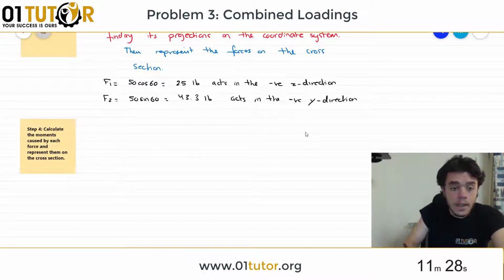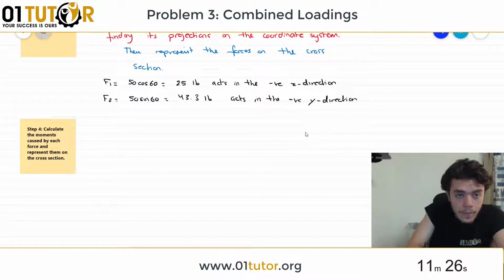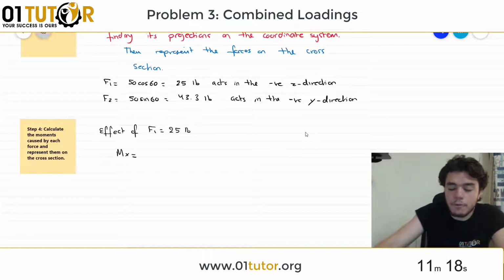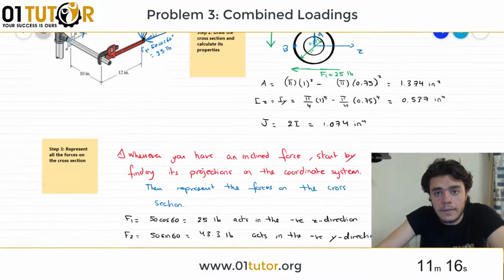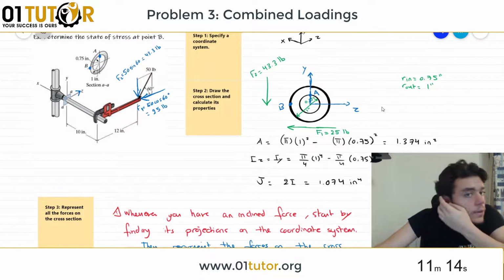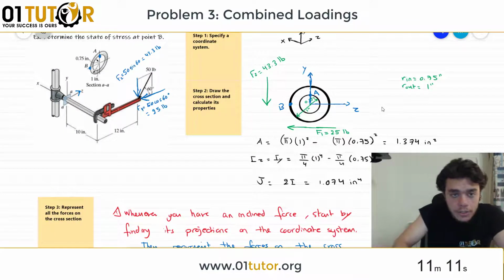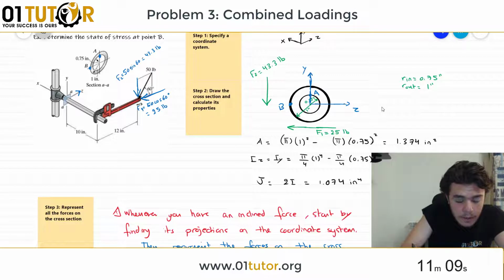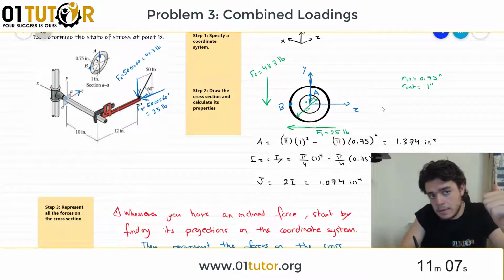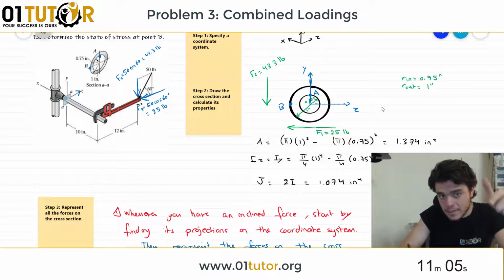So let's start with the effect of F1, which is equal to 25 pounds. Does F1 create any moment about the x-axis? F1, which is this in here, is not parallel to the x-axis. However, it passes through the x-axis.